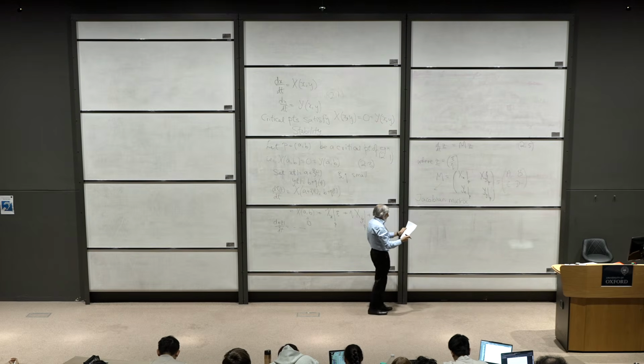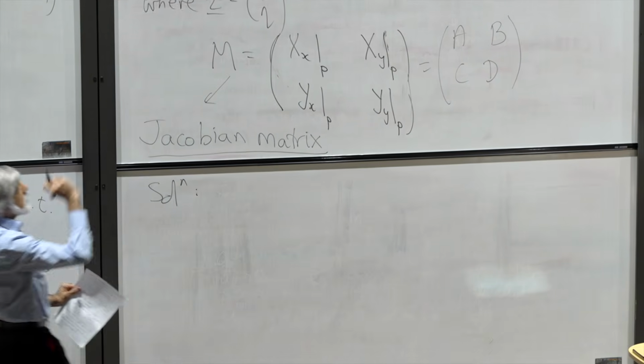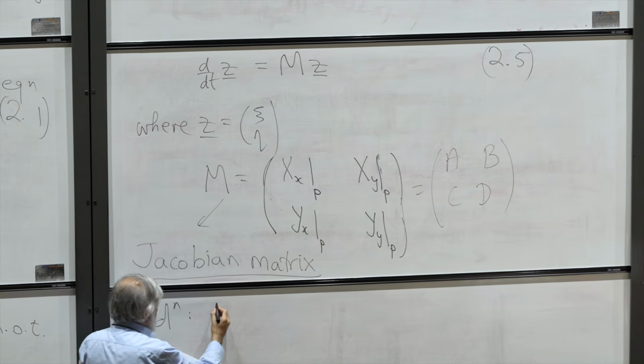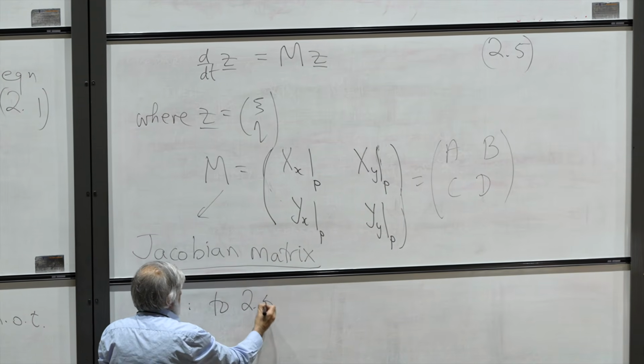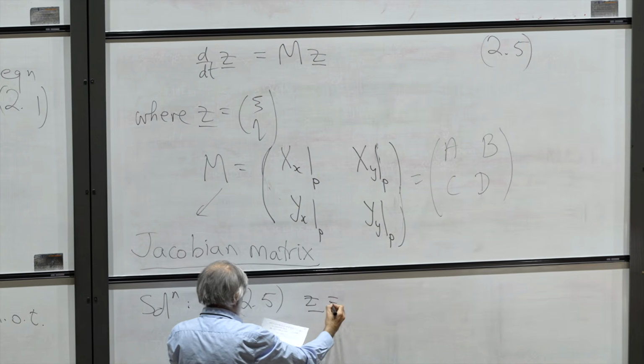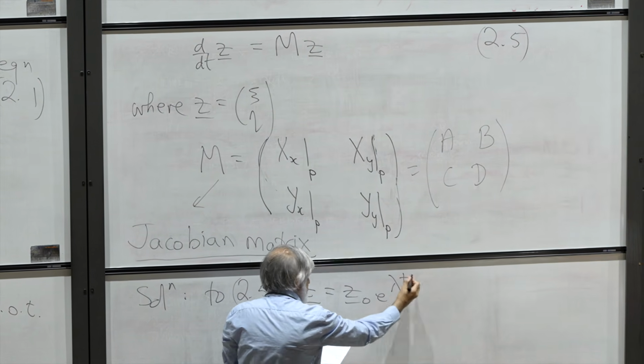Okay? And so the solution, well, it's a linear system, so the solution to 2.5 is just going to be z equals some z naught e to the lambda t.